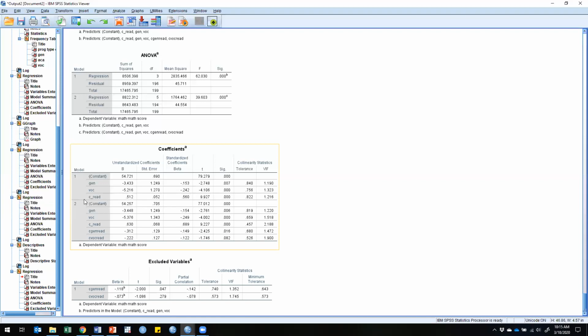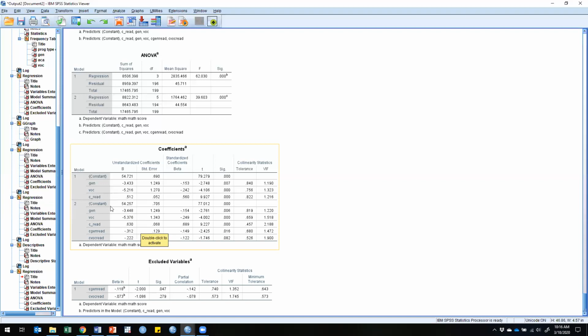This might be a substantively interesting intercept to interpret, because this is the estimated math score for someone who is on the academic track and who has average reading abilities, or who had an average reading score.